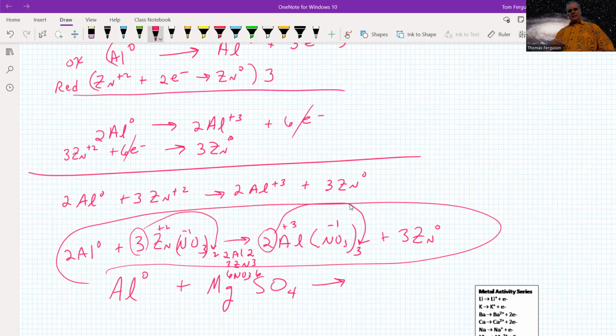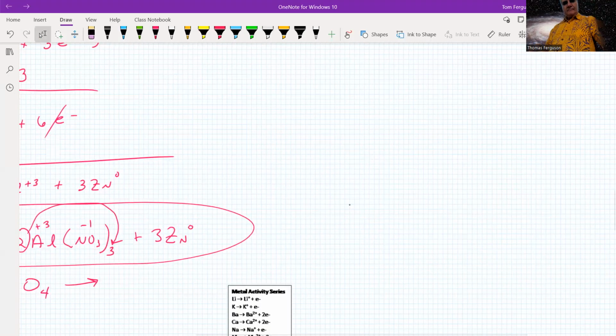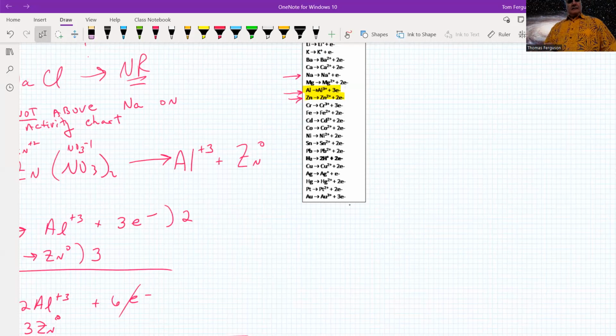And just a side note, because the aluminum and zinc are close together on the activity chart, the reaction is going to proceed more slowly. So the bigger the gap, the faster the reaction; the narrower the gap, the slower the reaction.